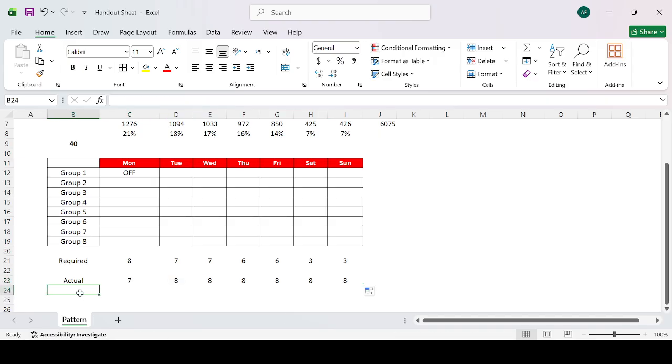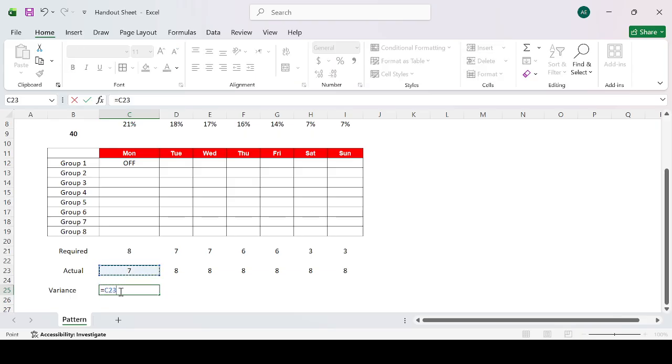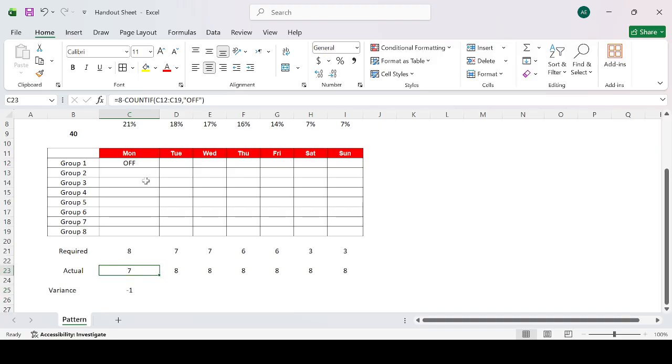Now let's get the variance between the actual and the required by subtracting the required from the actual, or let's say the actual minus the required. Okay, the actual is 7 here.